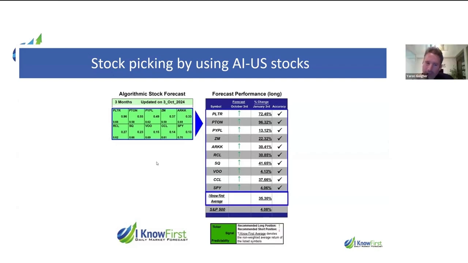It's really interesting, as you said, to see here that the algorithm picked both Royal Caribbean and also Carnival, two cruising companies, as well as PLTR, as you mentioned, Square, SQ, before the recent jump in the Bitcoin price. We're talking about 3 months ago, right?